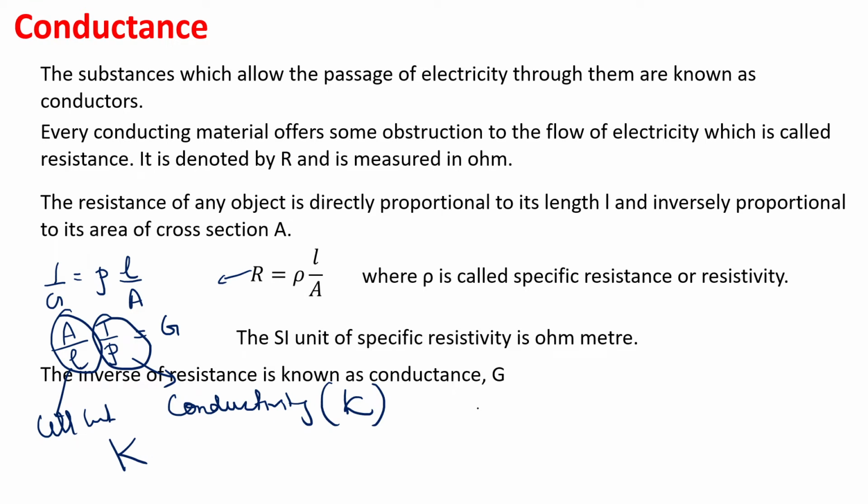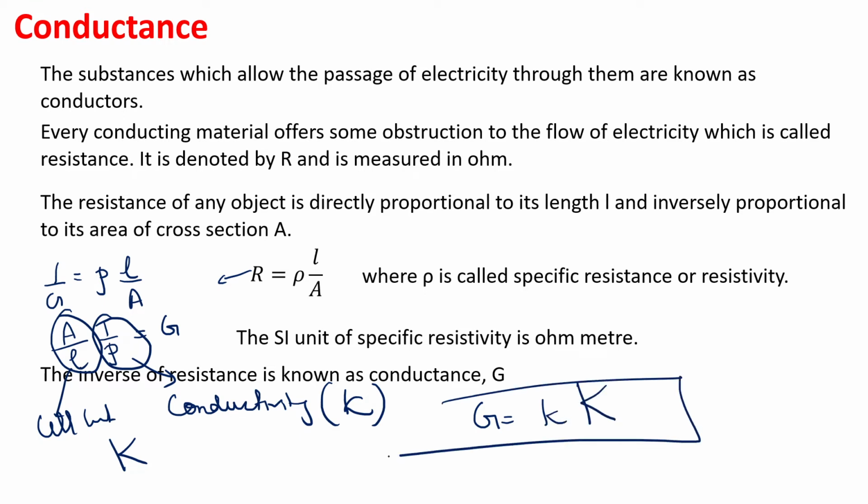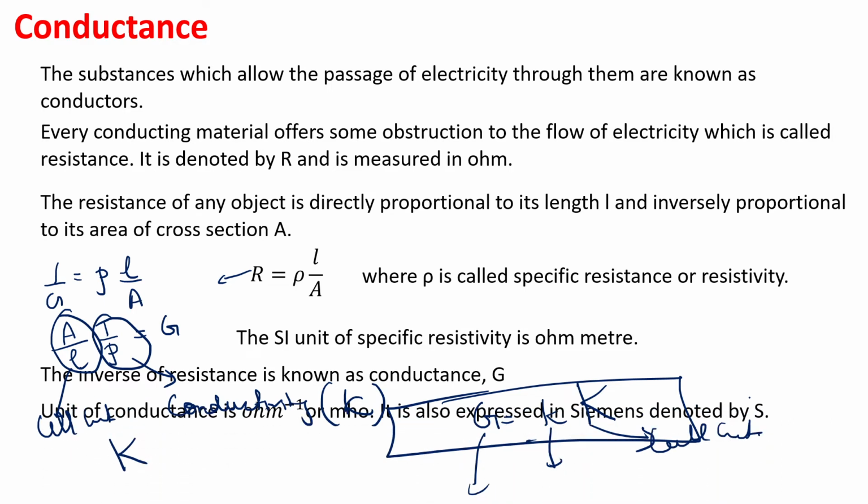So we'll be having the equation G is equal to kappa into capital K. Conductance is equal to conductivity into cell constant. The unit of conductance is ohm inverse.